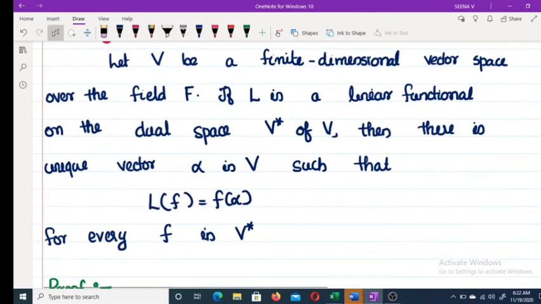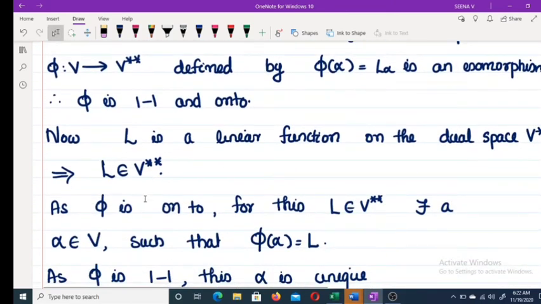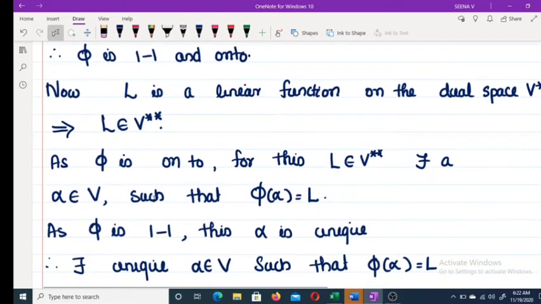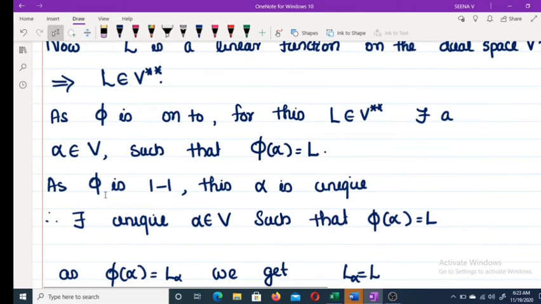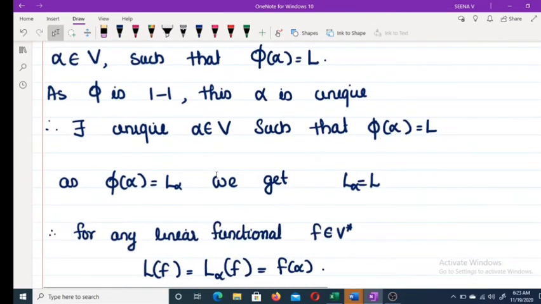If you take any linear functional here, then correspondingly there exists an alpha belongs to V such that phi alpha equal to L alpha. But here L is any linear functional on the dual space. Therefore, L belongs to V double star. As phi is onto, there exists an alpha belongs to V such that phi alpha equal to L, and that alpha is unique as phi is 1 to 1. But by definition, phi alpha equal to L alpha.